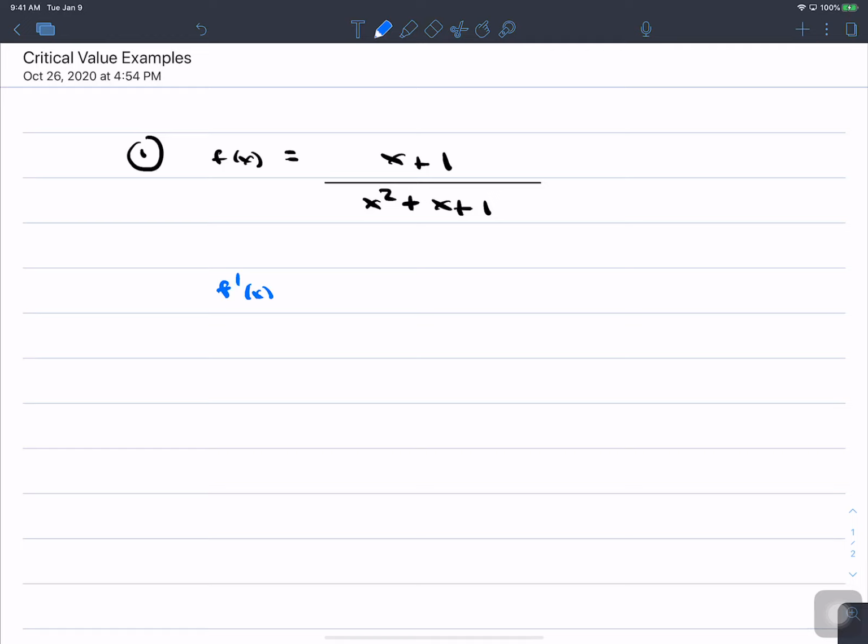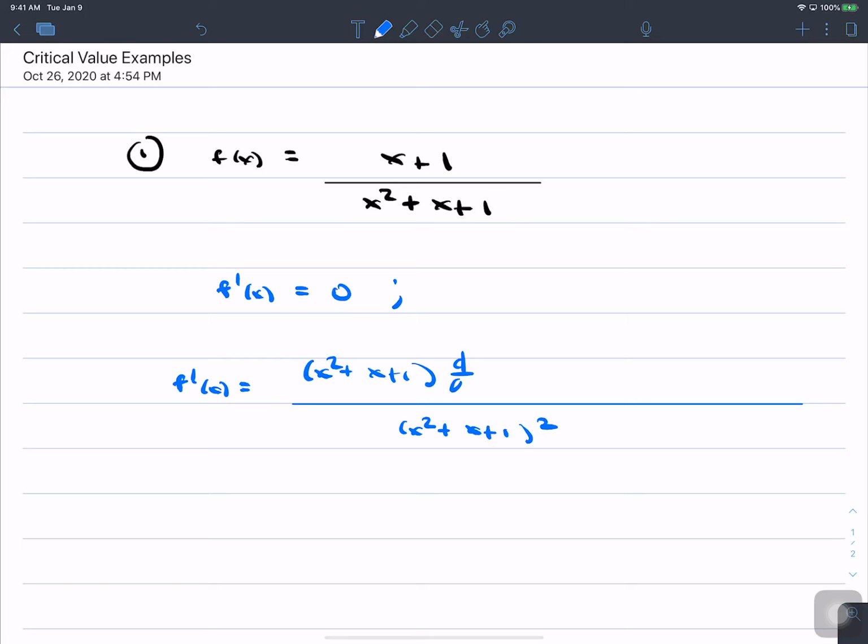So we're going to look for these critical values, meaning we have to take the derivative and set it equal to 0. So we have quotient rule for this derivative here. Okay, so let's find out what we get by quotient rule.